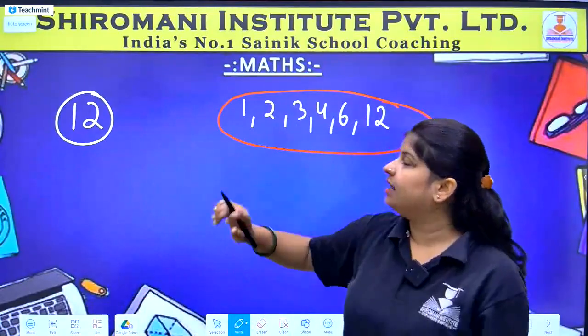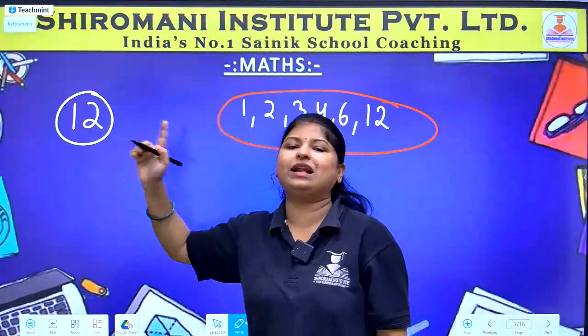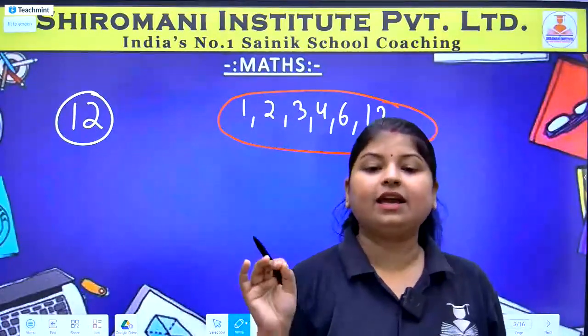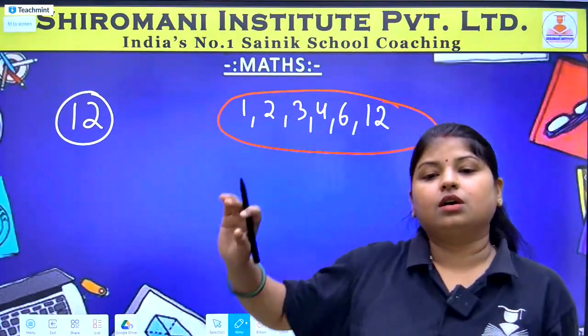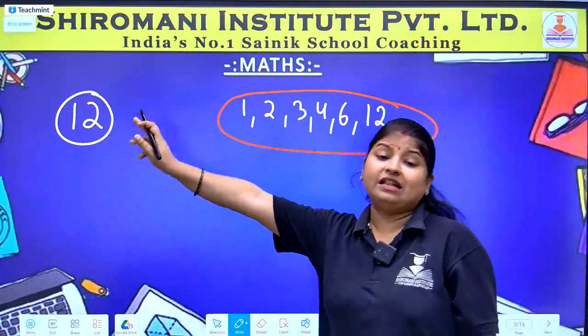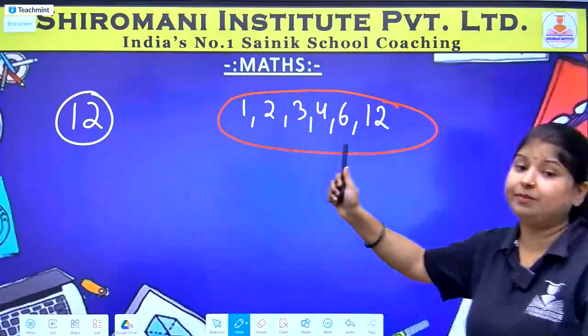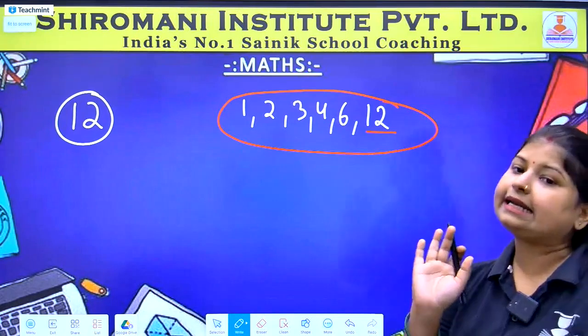For example, if I'm asking you what are the factors of 12, your factor would never be greater than 12. The largest factor of 12 will be the number itself, that is 12.